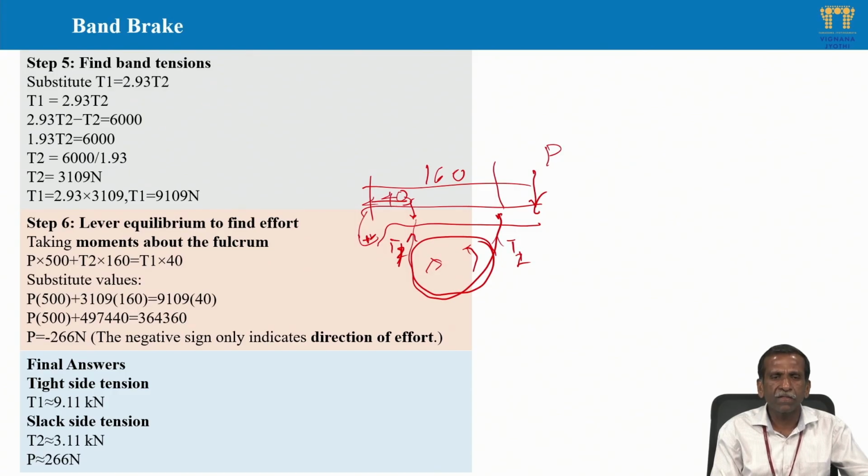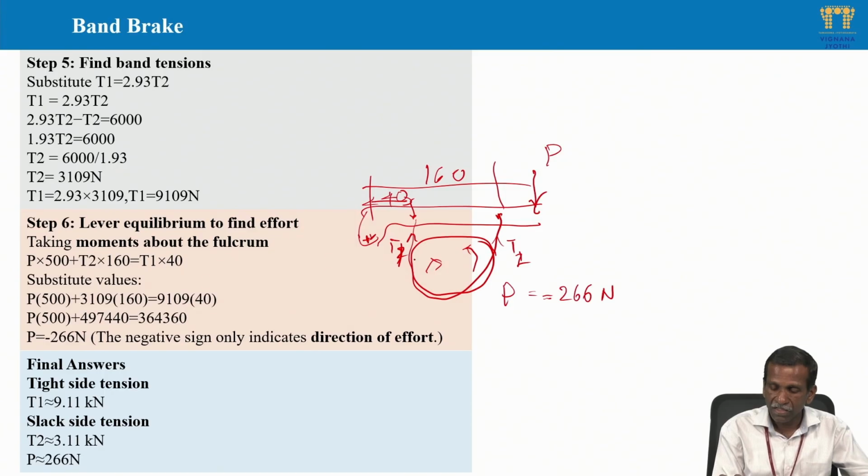If you substitute these values, you can find the effort P: you are going to get minus 266 newtons. Actually in the relation we wrote, P is taken in the opposite direction. The minus sign indicates P is required to be taken in the opposite direction. So this is about the effort required.